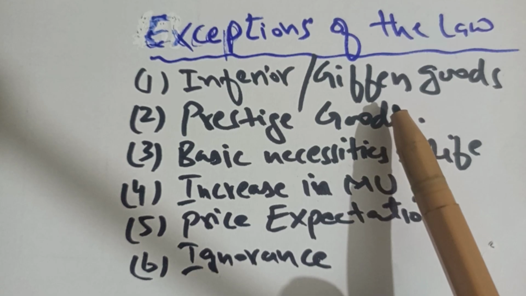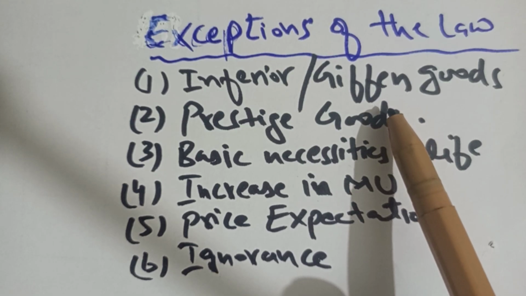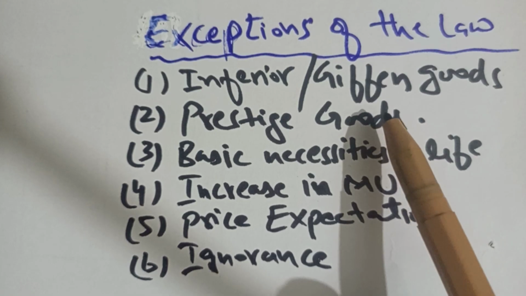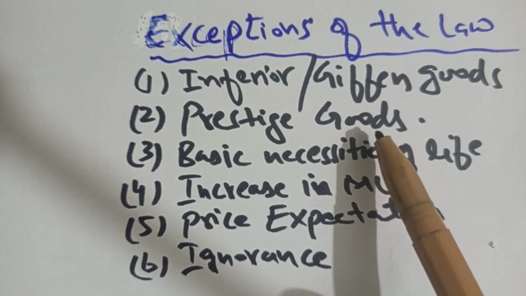This exception was pointed out by Robert Giffen, who observed that when the price of bread increased, the low paid British worker purchased a lesser quantity of bread, which is against the law of demand.